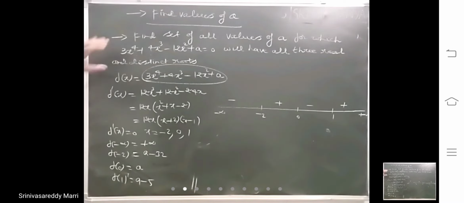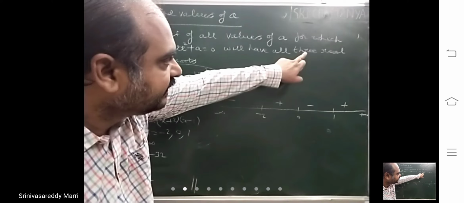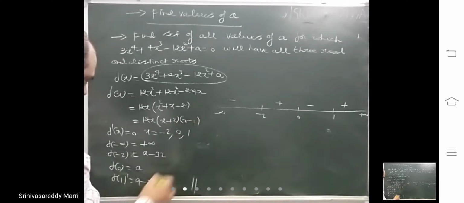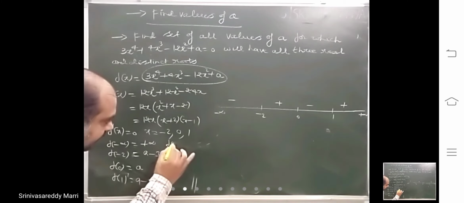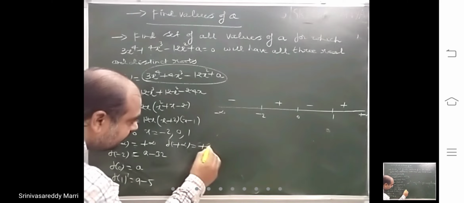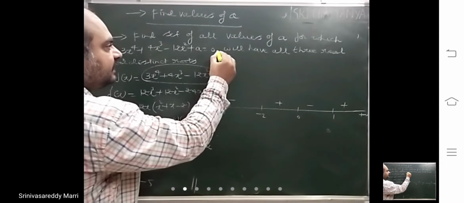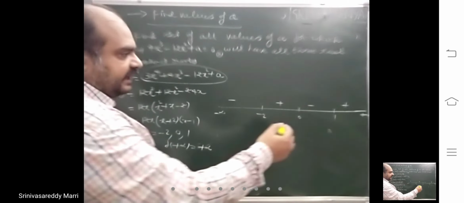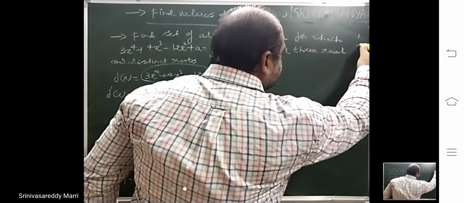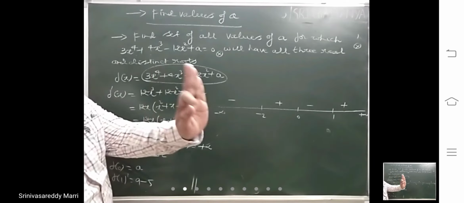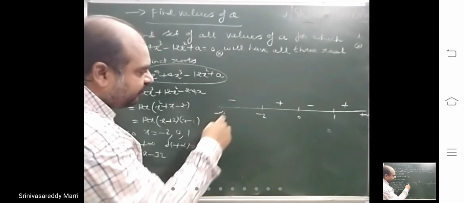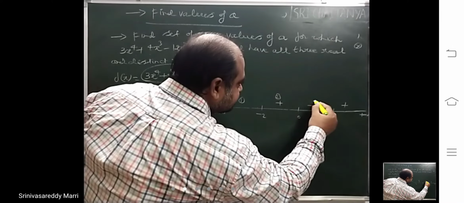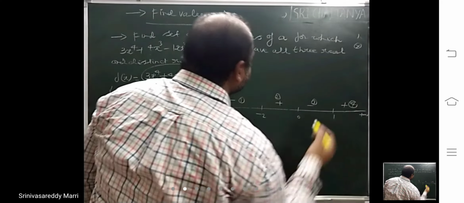Now look, in the question it is already given that it has 3 real roots. Think carefully and sensibly. At minus infinity f of x is plus infinity, and at plus infinity it is also plus infinity. It must have real roots, so how many intervals are there? This is the first interval, this is the second, this is the third, this is the fourth.